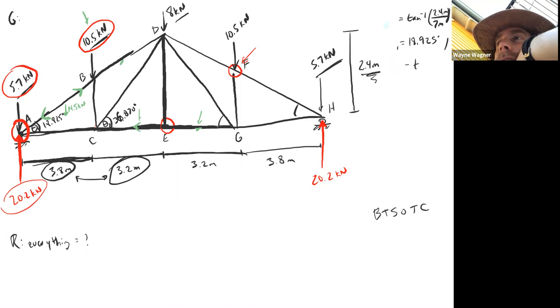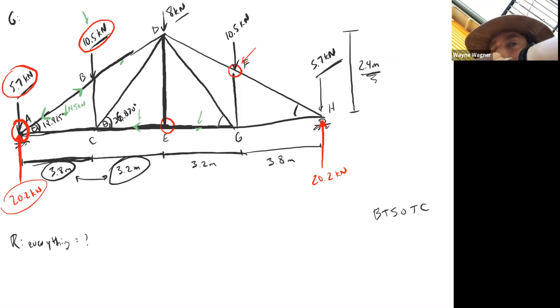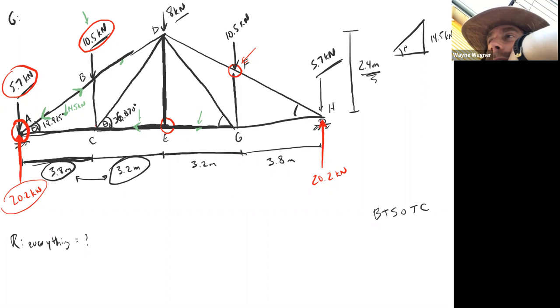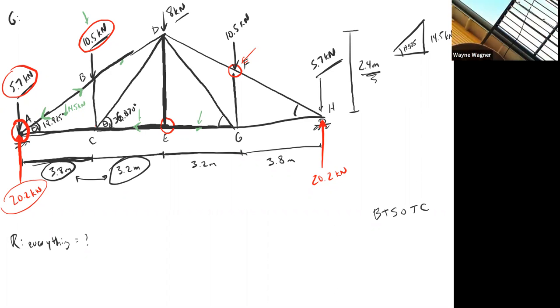Okay, so what I'm going to do real quick, now that I've done that, is go ahead and solve for its triangle, because every force has a triangle. And this triangle looks like this. 14.5 here, kilonewtons. We've got an angle of 18.92. And now I'm going to just solve for the other sides.